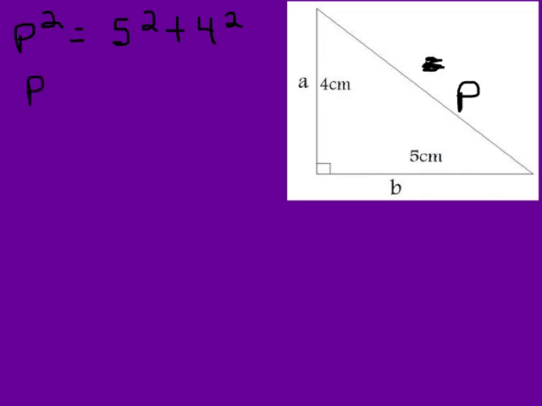Alright, P squared equals 5 squared is 25 and 4 squared is 16. 25 plus 16 is 41.